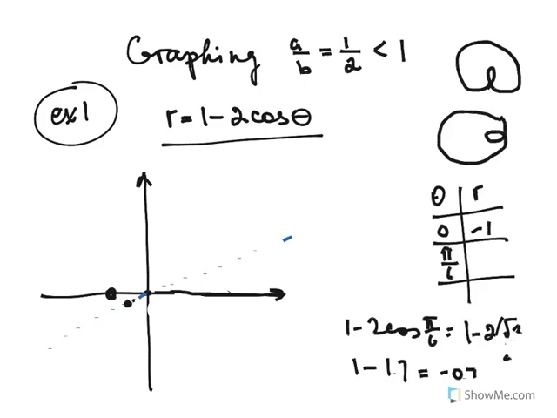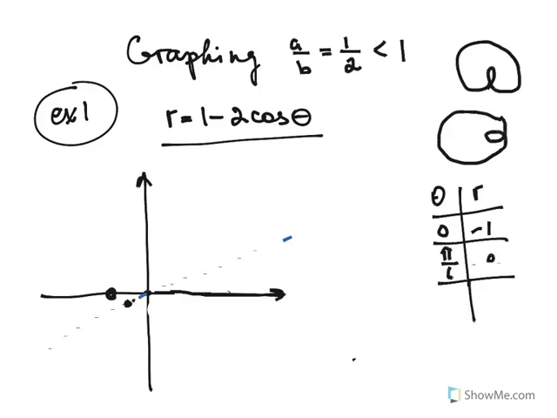Now we can try pi over 3. Pi over 3 is 60 degrees, so 1 minus 2 cosine of pi over 3. Do we get 0?